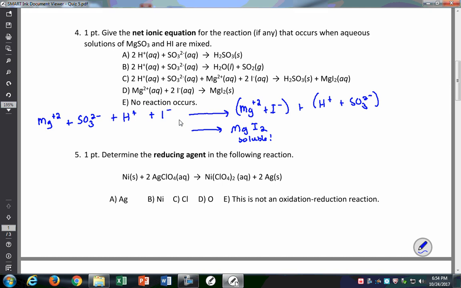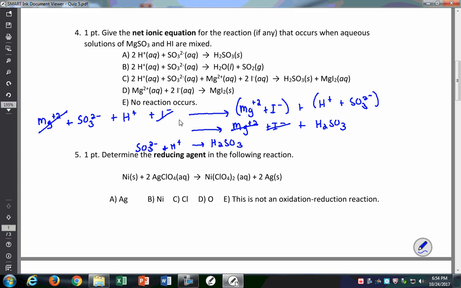So just redraw it as the ions because it is soluble, plus our H2SO3, sorry, I don't know where I got that 4 from. So first off, magnesium is on both sides and iodine is on both sides. So this should form SO3 2- plus H+ to form H2SO3.